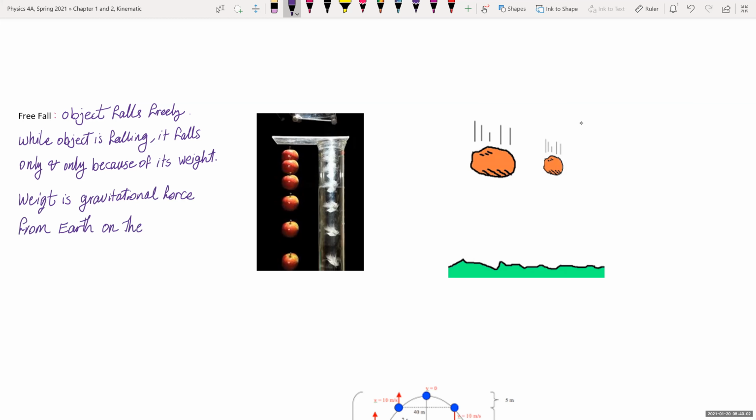So it's attractive. When we say free fall, it's just free fall. We don't push it during motion. We don't touch it during motion. It just falls because of gravity. This is called free fall.